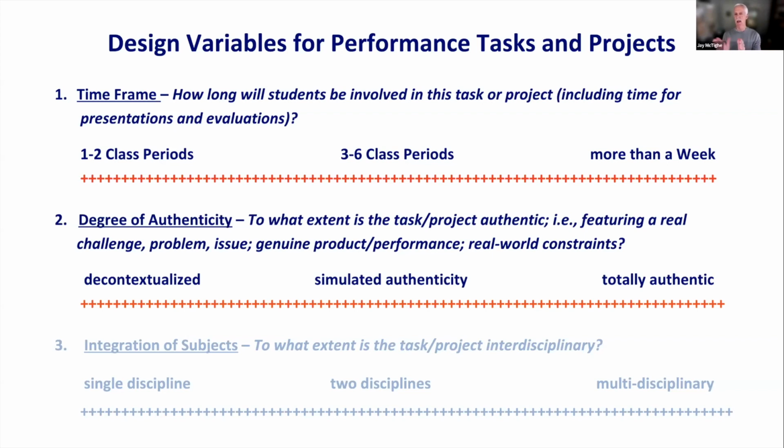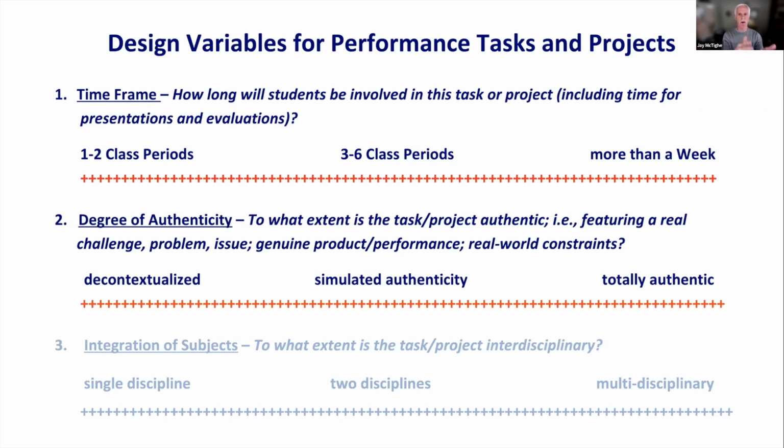And so you can have performance tasks that are not authentic, but they could still involve higher order thinking and student application. We can have, and often do see, tasks that are what I would call simulated authenticity. Kids aren't really a surveyor or an astronaut or a museum director, but they're doing a task that emulates what those people do.